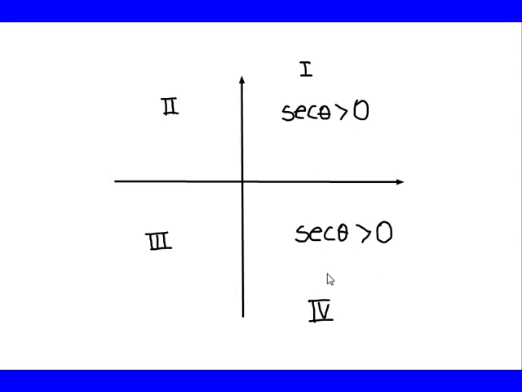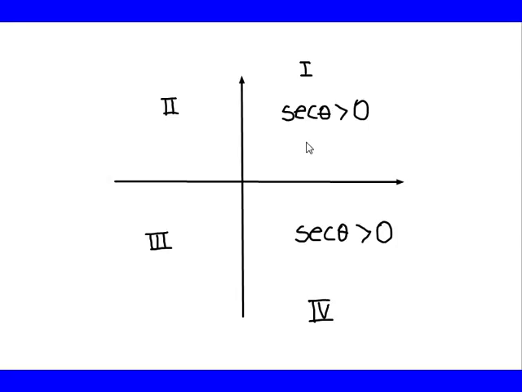So these are the two quadrants in which the secant is positive. So we have those conditions now. Right now the secant is positive because on this side along the x-axis the x values are all positive. And remember, r represents the radius of that circle, so the radius is always positive. So we have the two places where the secant is positive.